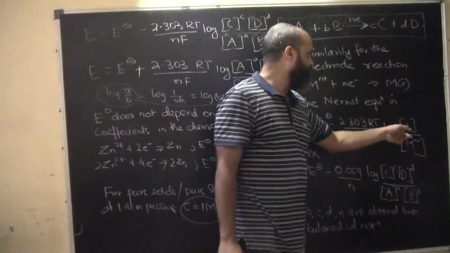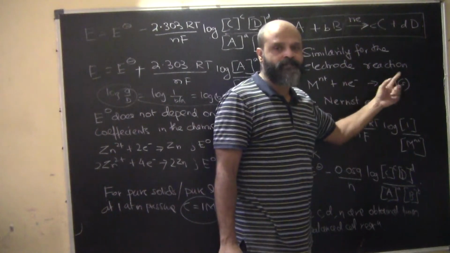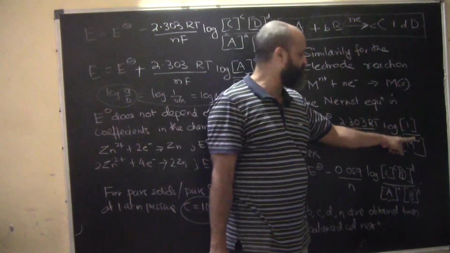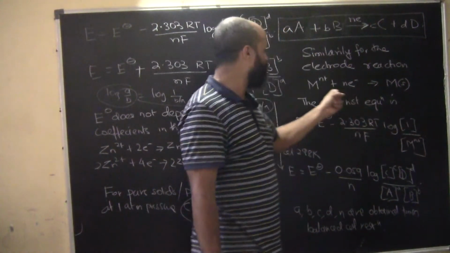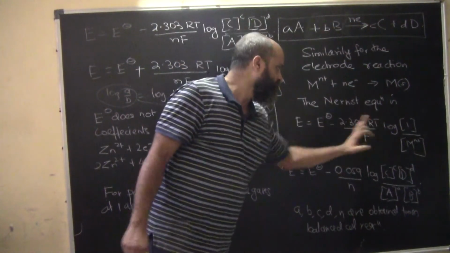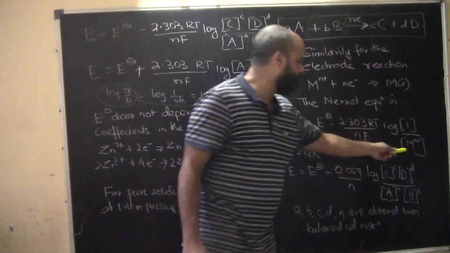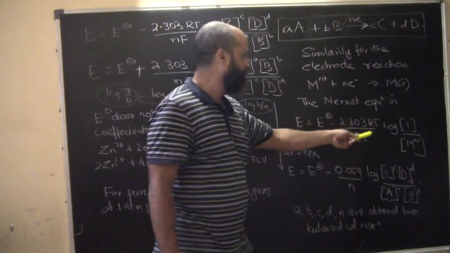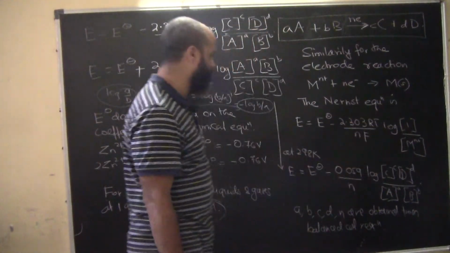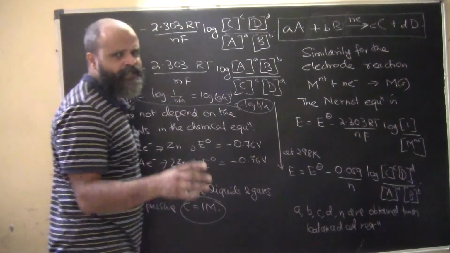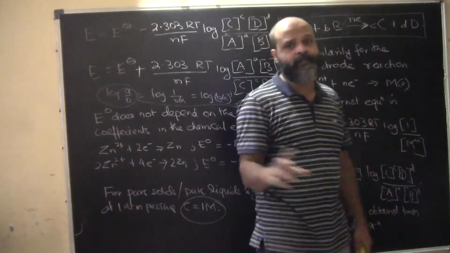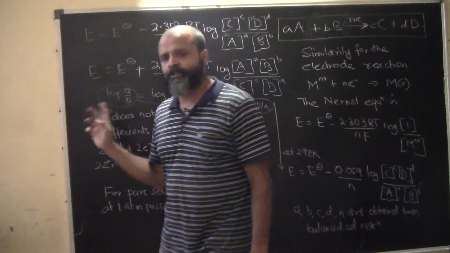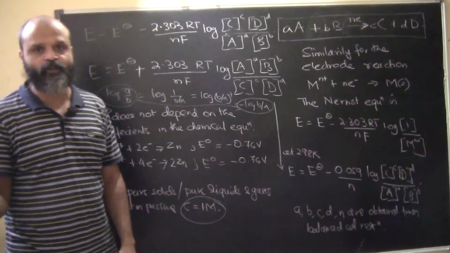Log 1, why? Because it's a pure solid, its molar concentration will be 1, and this is the molar concentration of the ions. So whenever a solid is formed, we generally do not take the solid's concentration, because anyways it is going to be just 1.